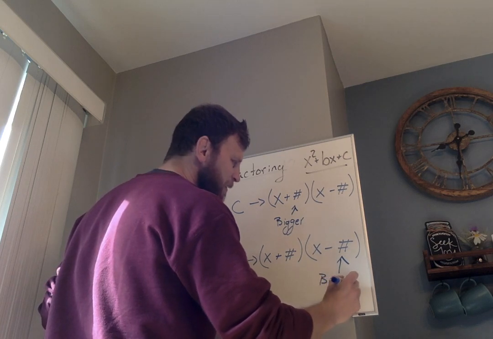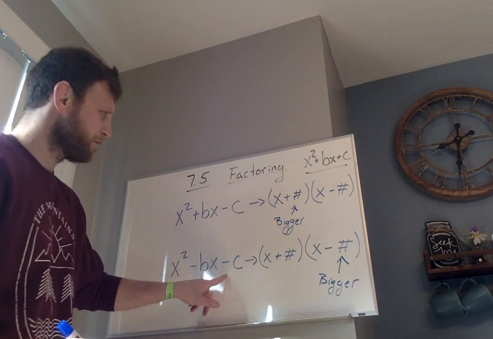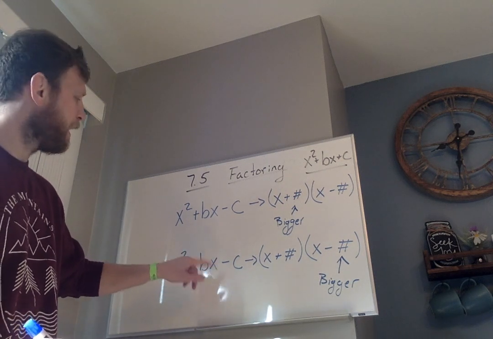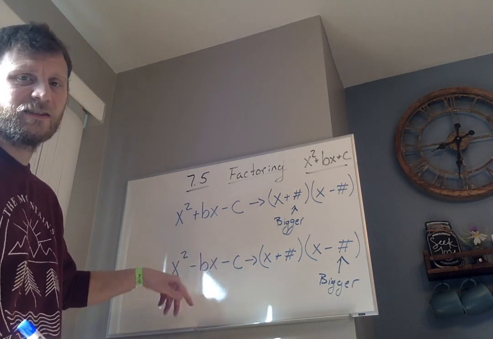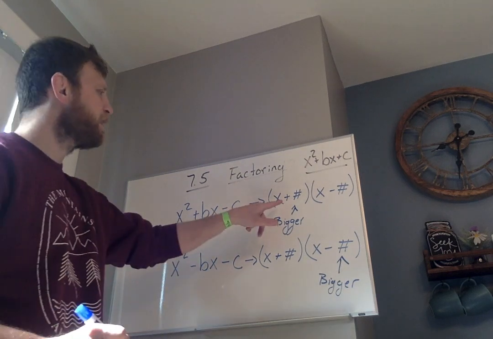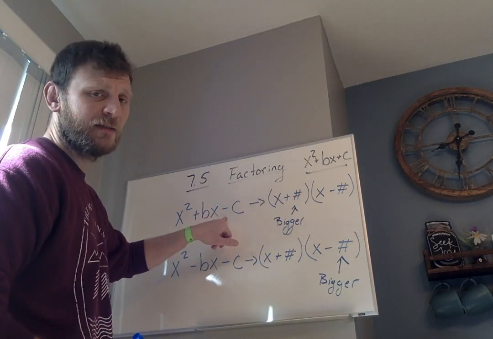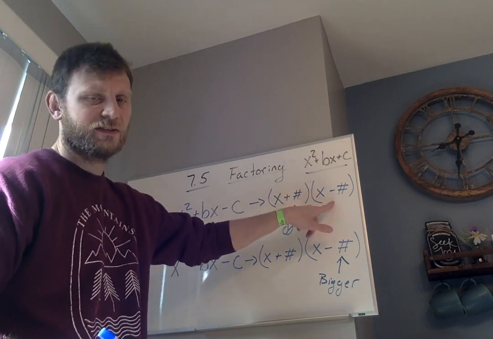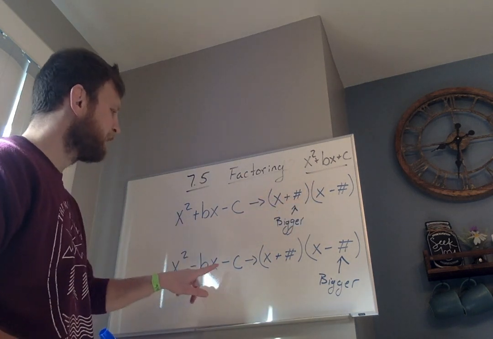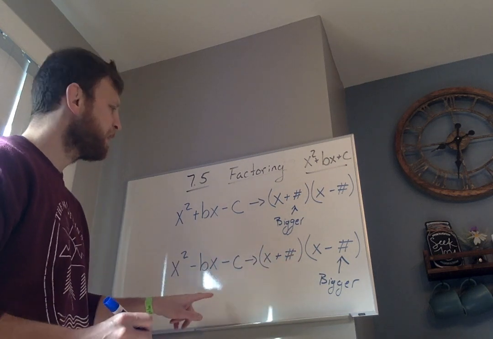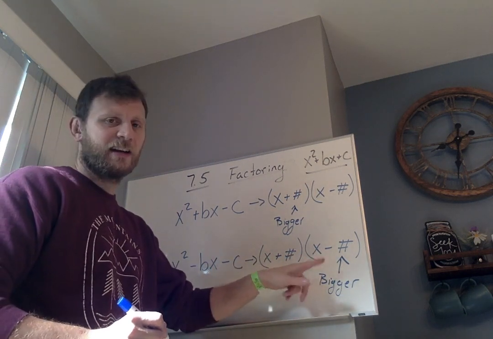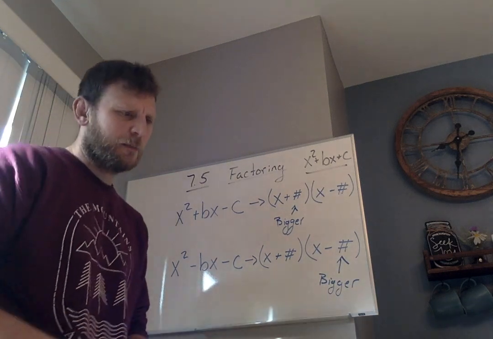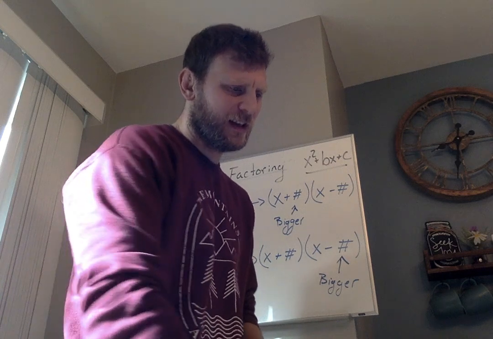Why? Because when I add the two, I better get a positive and a negative. So look here, positive times a negative is a negative, okay? Big positive plus a smaller negative is a positive. Here, positive times a negative is a negative. Positive plus a bigger negative, well, that's a negative. So that's the pattern. Now let's use that to kind of help us.